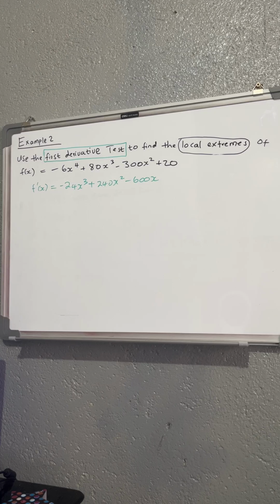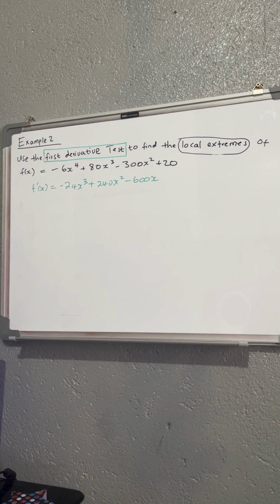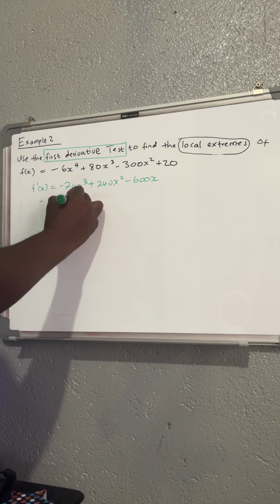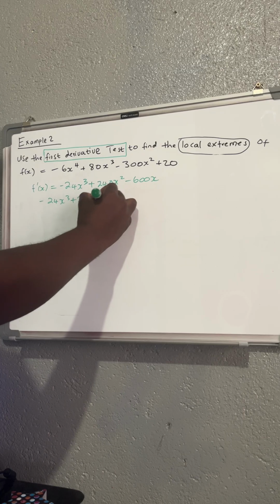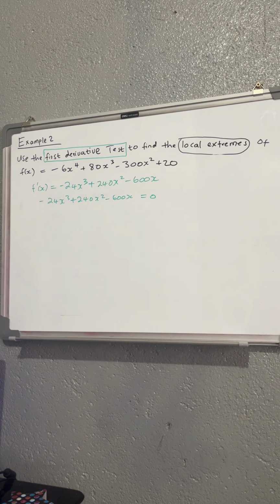So now, as I said, we're going to equate this to 0 and find our critical values. So we'll say we have minus 24x cubed plus 240x squared minus 600x equals 0.